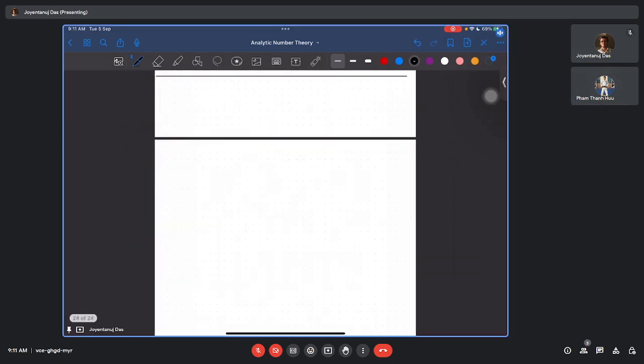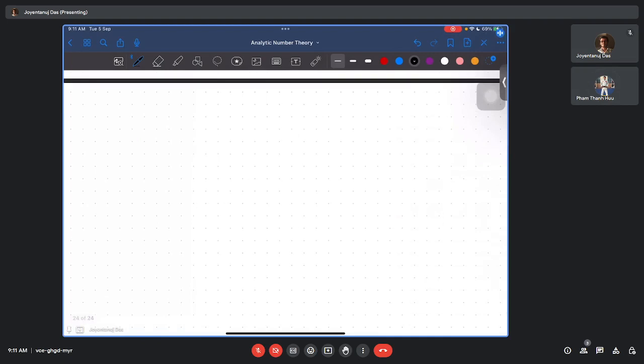So next we define what is the LCM of two numbers. So we saw the greatest common divisor, right? So the next is the least common multiple.